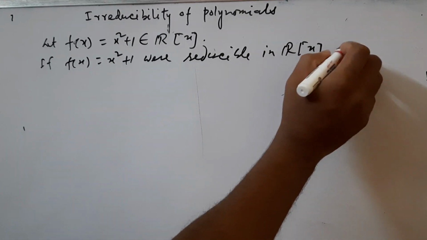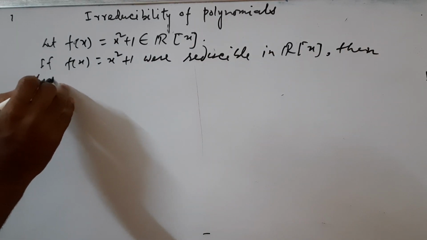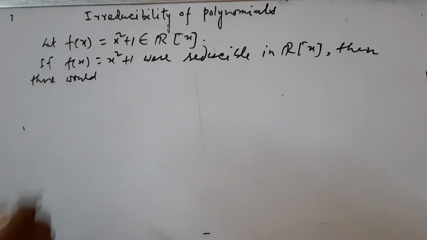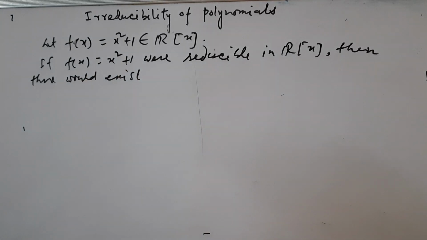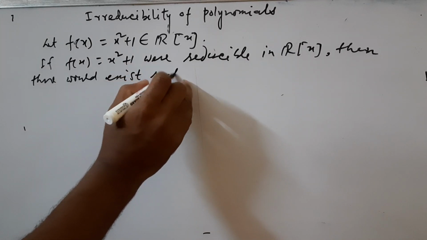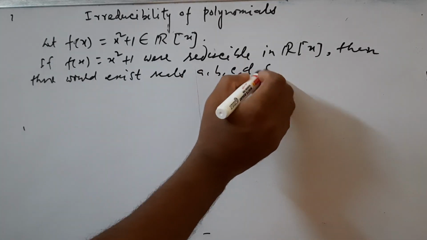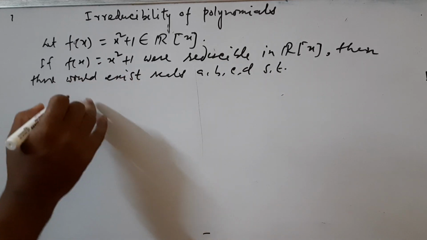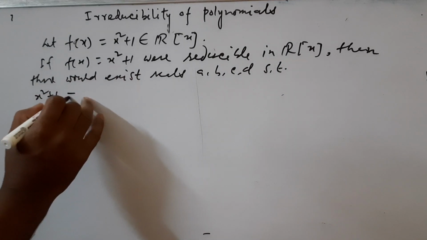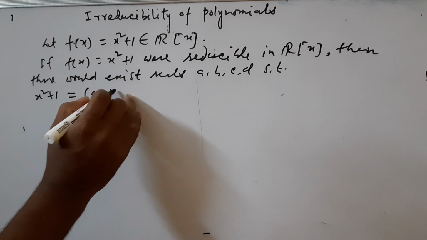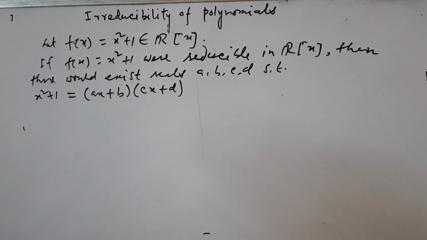Then there would exist real numbers a, b, c, d such that this polynomial x square plus 1 can be written as the product of two polynomials of the form ax plus b and cx plus d.